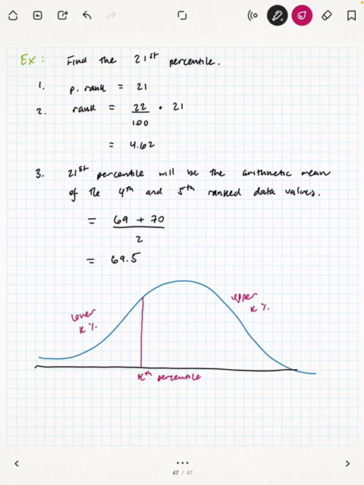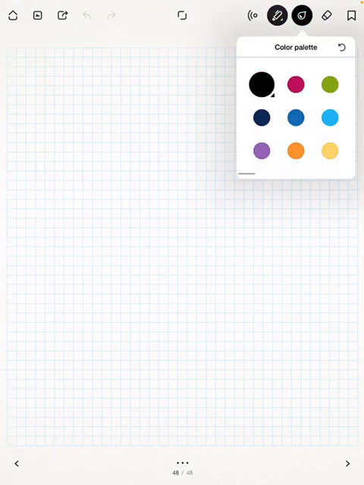One last thing to note, we have some special percentiles that we like to use, which we call the quartiles. So the quartiles are the 25th percentile.